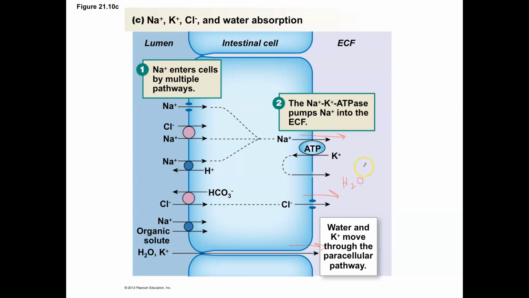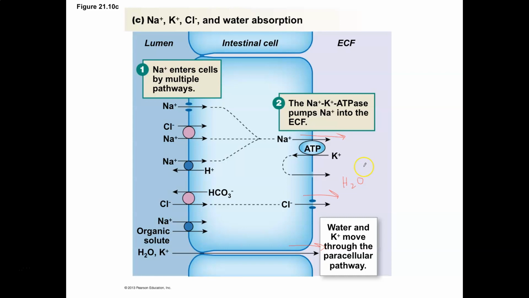In this diagram, you can see that there's quite a few transporters for things such as sodium. There's chloride transporters. There's symports using sodium and organic molecules like glucose, amino acids, and water is going to follow those.